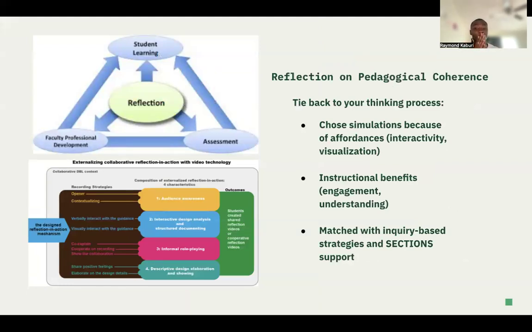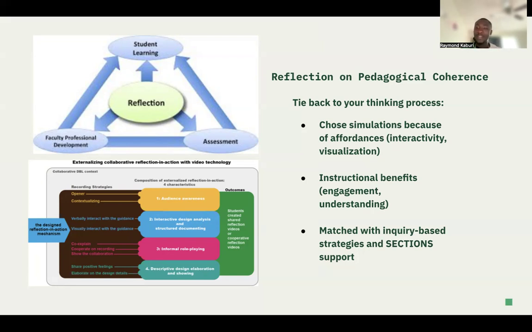Now, reflection on pedagogical coherence. We must tie this back to our initial process that we talked about, where reflection serves as the center. As we are reflecting, we are thinking about the kind of students, the faculty or the skills that we have as teachers, and the kind of assessment that we want to achieve or want to assess our students on. So we choose simulations because of their affordances. It is interactive and visualized.